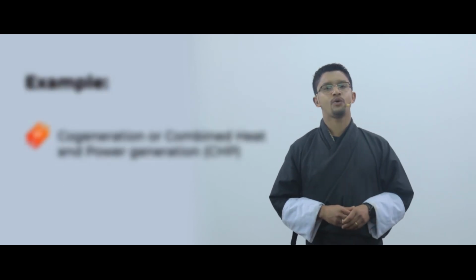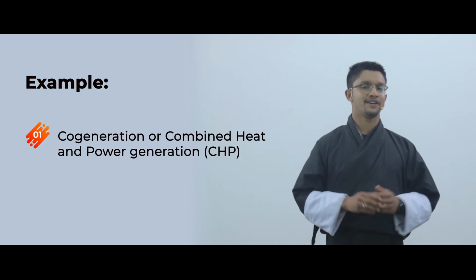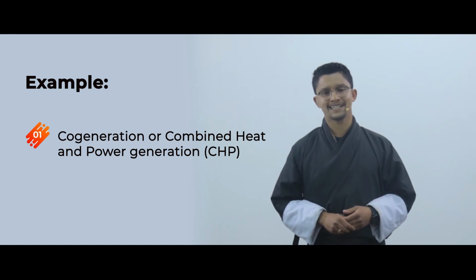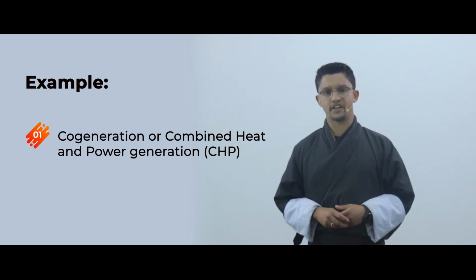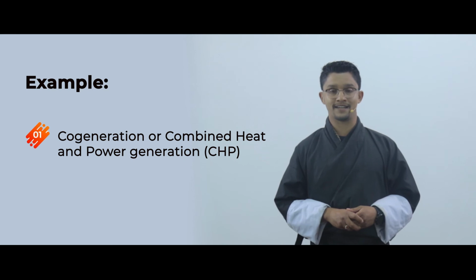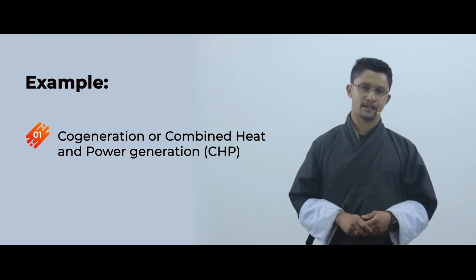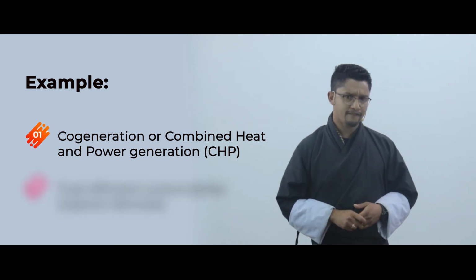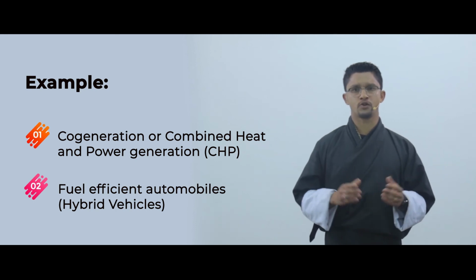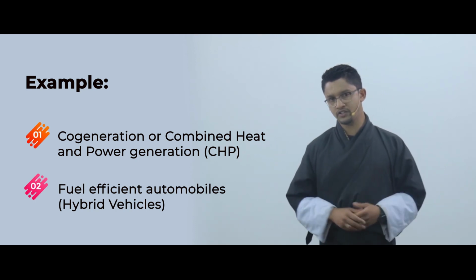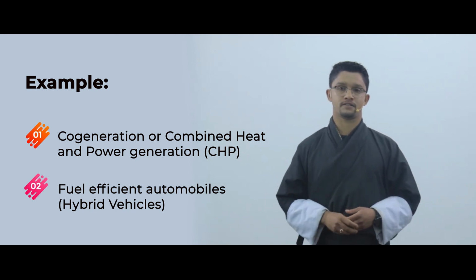The first example is cogeneration, or combined heat and power generation, which can be abbreviated as CHP. And the second one is fuel efficient automobiles, or in other words, hybrid automobiles.